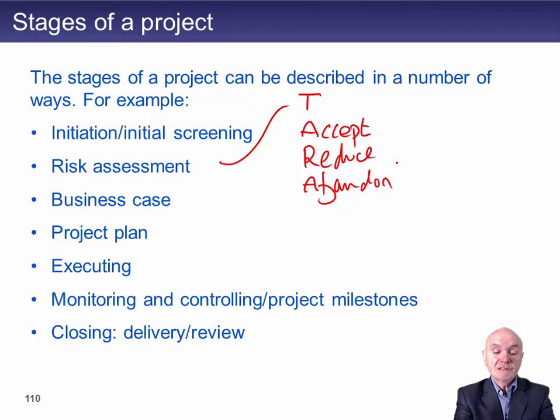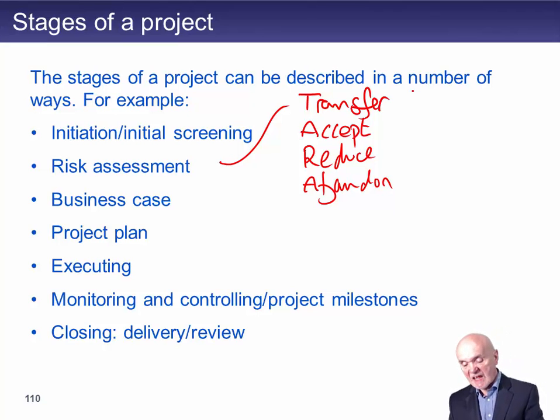And finally, there is transfer. You transfer the risk or share the risk. One way of doing it is insurance. That is transferring. Another way you can transfer risk is to employ subcontractors. So you're thinking, I want to develop a fancy new website. There's lots of really, really good kind of options available for users of the website, but it's really quite complex.